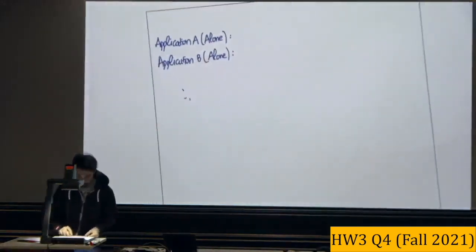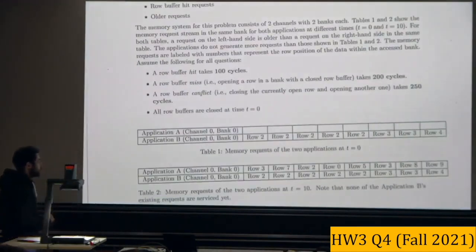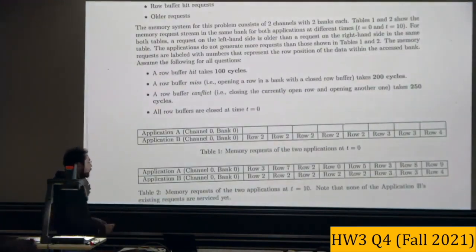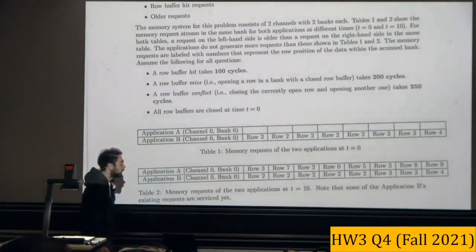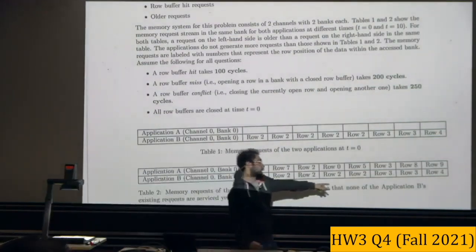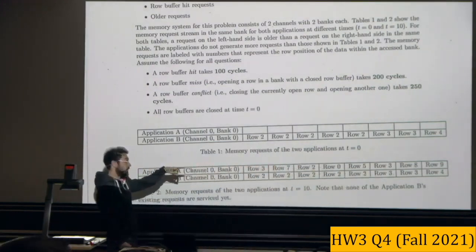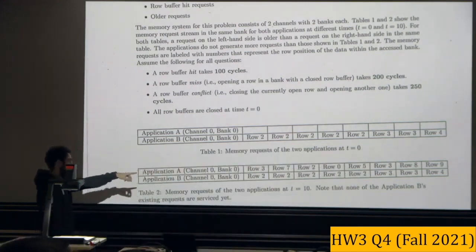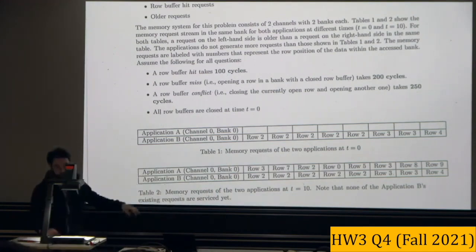Let's see again. When application A runs alone, what will happen? We will perform the request to row 3, and as we see there is another request to row 3. So we can keep this row open and perform a hit to row 3 for the request in the back. And then we perform all the other requests.